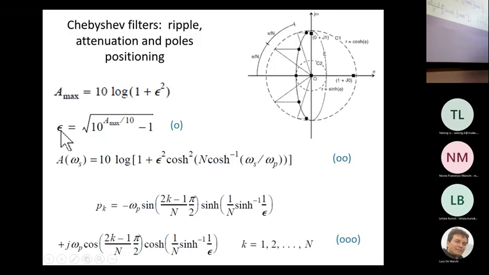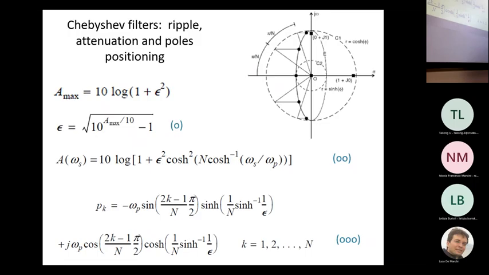Once you do that, you can compute the second parameter, which is the order of the filter, n. Again, you apply a procedure similar to what we have seen before.